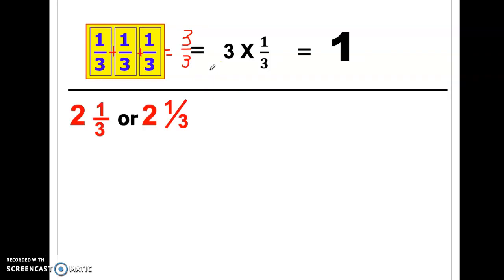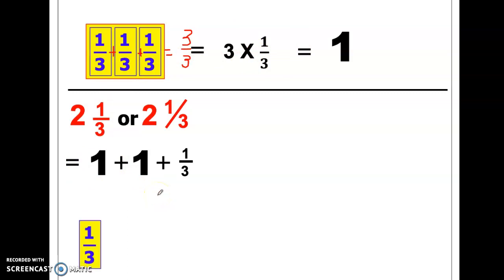Okay, we take that information and we apply it to the next example. Well, we have 2 1/3, so that would be 1 plus 1 plus 1/3. Well, from the example above, we know that it takes 3 1/3 to make up a 1 whole number.